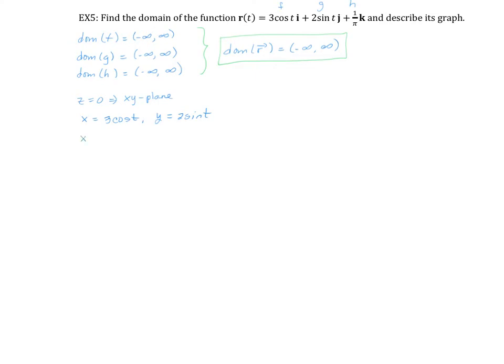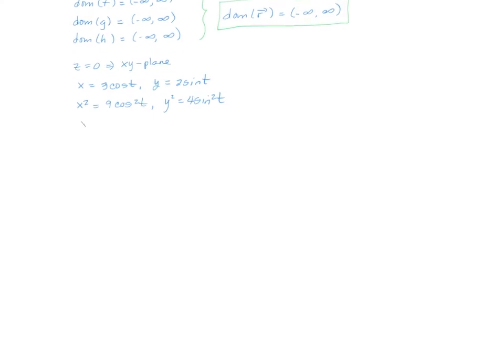But if I looked at x squared, that would be 9 cosine squared t. And if I looked at y squared, which is 4 sine squared t, I know with my unit circle that x squared plus y squared is equal to 1, right? But my x squared is 9 cosine squared t, plus y squared is 4 sine squared t.